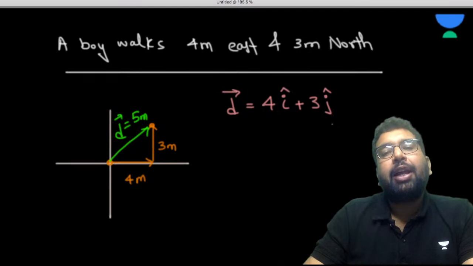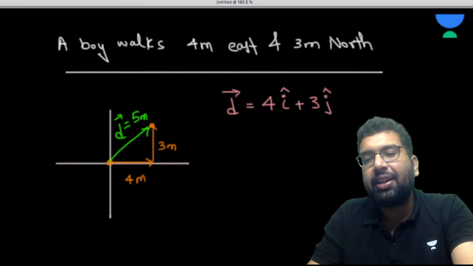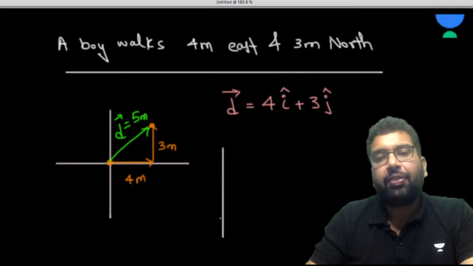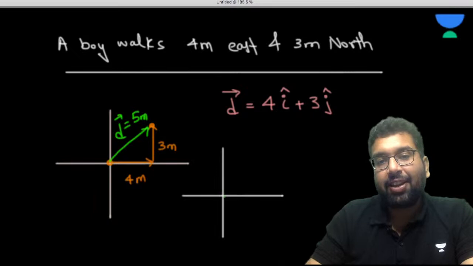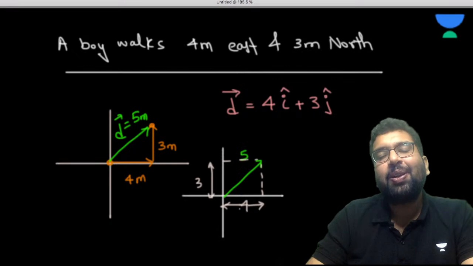Now, a very interesting thing. If this is the d vector, this is 5. Do you agree that this is obviously going to be 4 and this is obviously going to be 3?